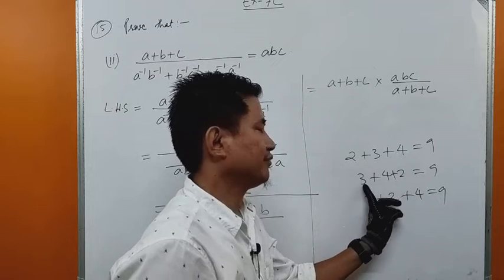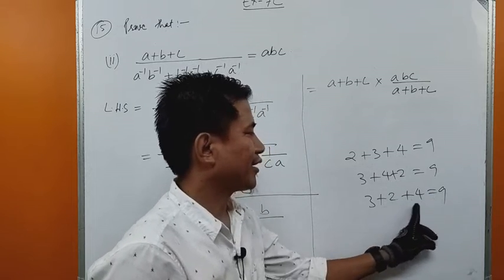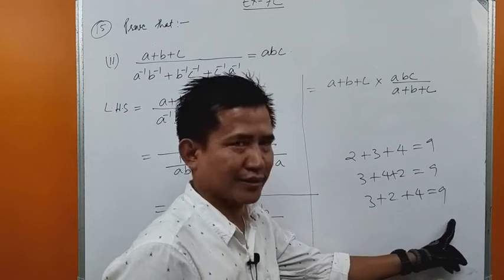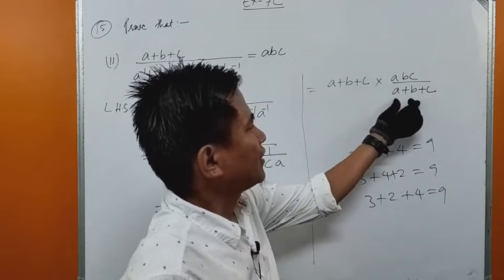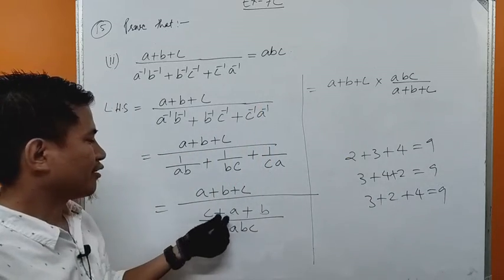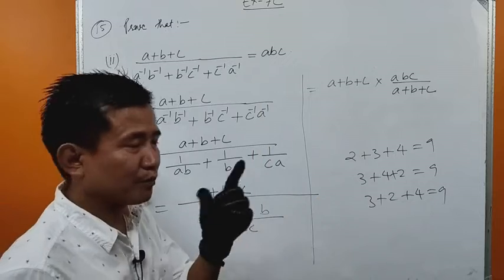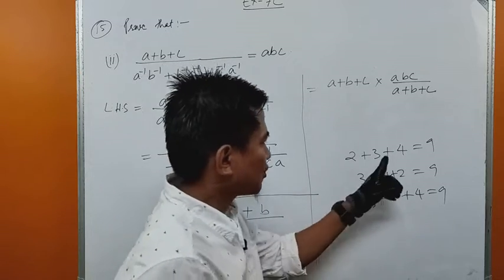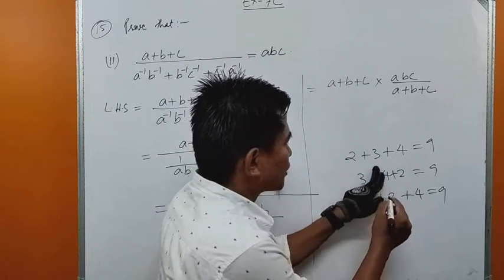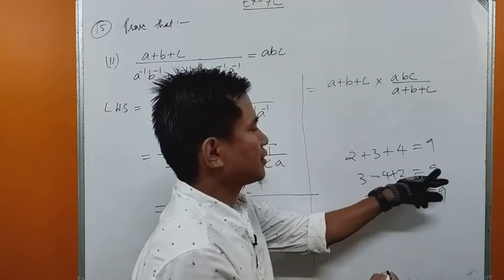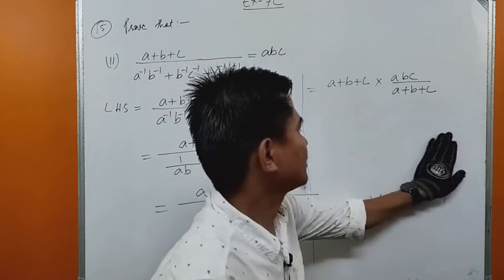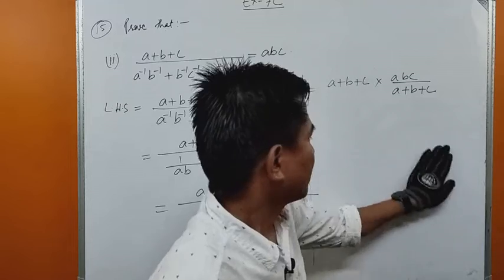Whichever way you arrange the numbers and add, the result will be 9, isn't it? That means it doesn't matter where you keep A or B or C, but their signs should not be changed. Suppose we have plus 4 here, we cannot write minus 4 here. Okay, if we do this, the result will change. So the result should not be changed.